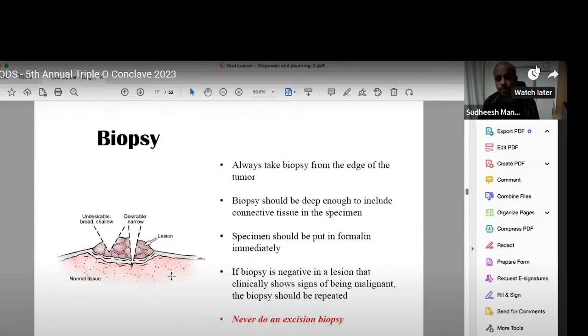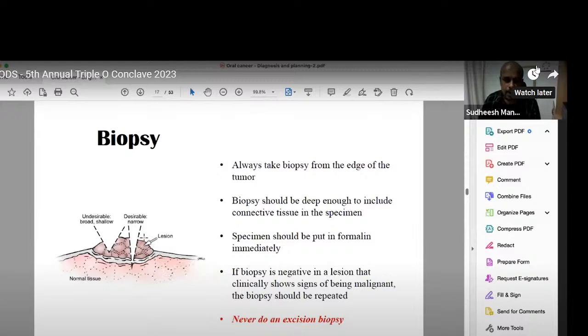How to take a biopsy is very, very important. These are very simple things, but very important. Always take the biopsy from the edge of the tumor so that you include a bit of normal tissue along with the lesion, so that the pathologist can compare the lesion with the normal mucosa.